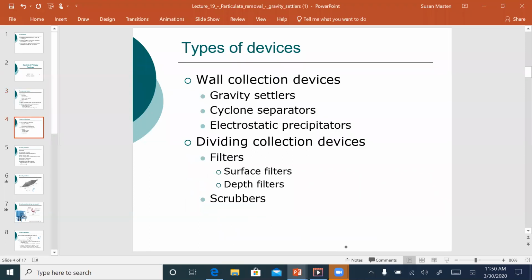So when we look at these devices for removal of these particulates, we'll look at basically two different types of processes. We'll look at what are referred to as wall collection devices, and we will look at what are referred to as dividing collection devices.